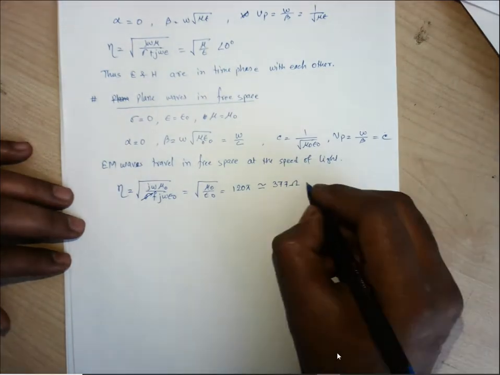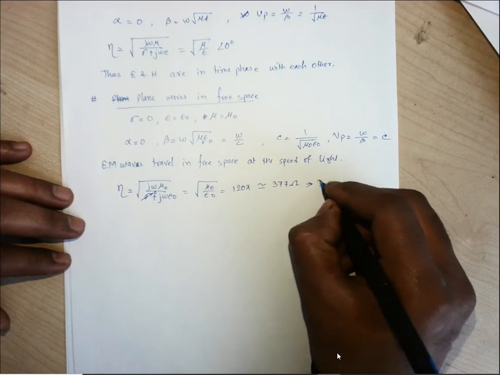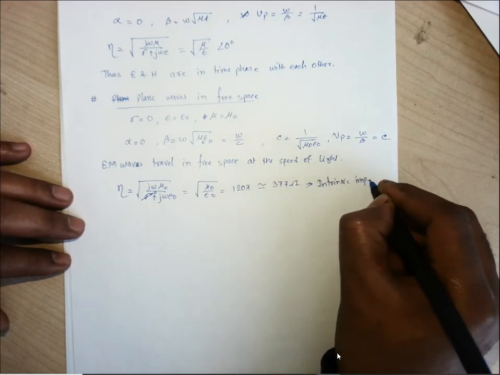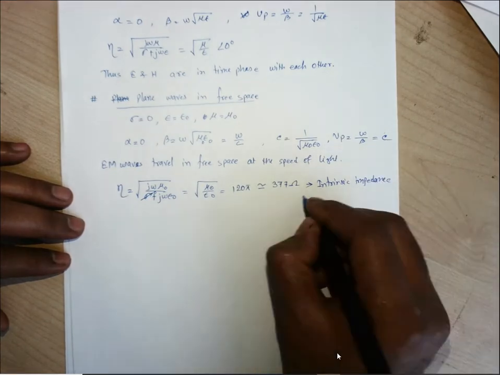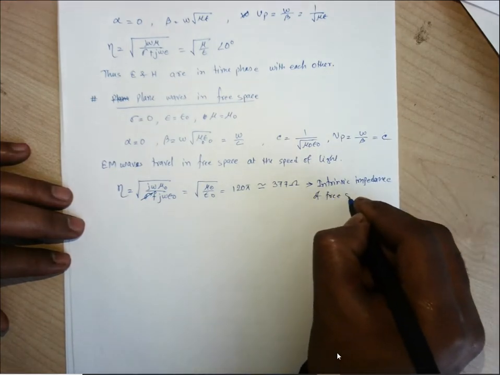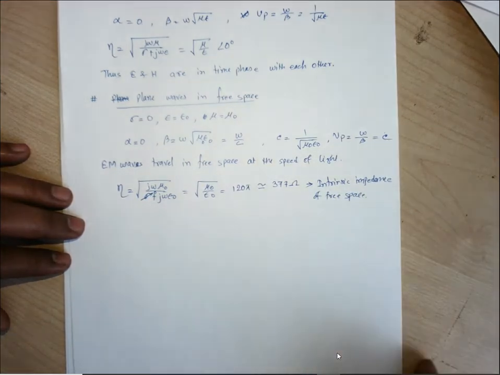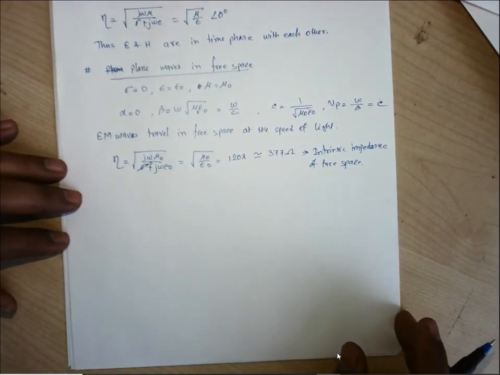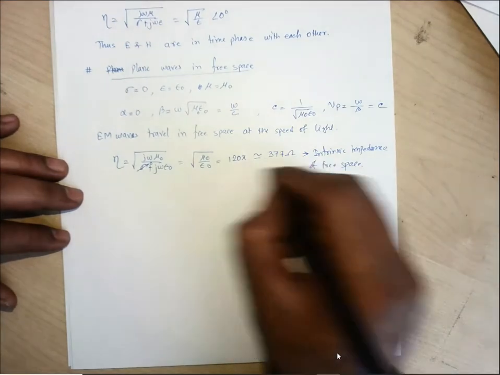So it is the intrinsic impedance of free space, right?